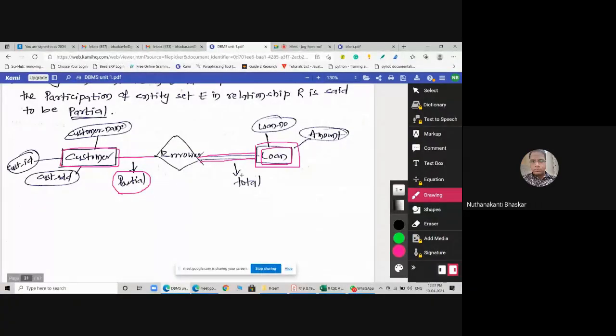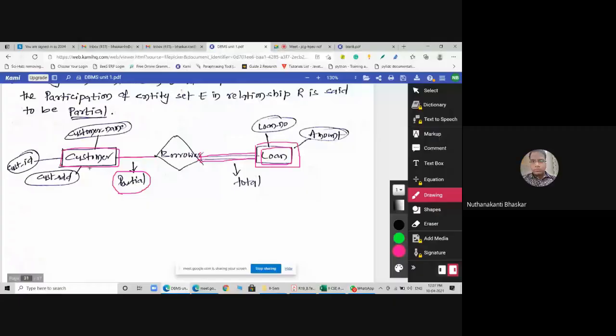Not clear? Okay, again I will tell you. Here, customer borrows loan. Are all customers borrowers of the bank? In a bank, not all customers take loans.